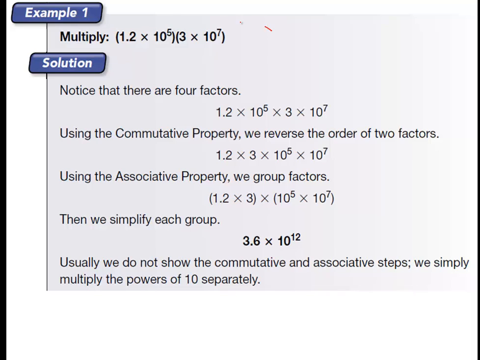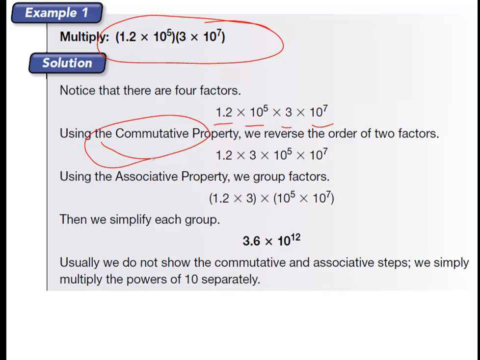So here, it's asking us to multiply these two together. When we break it all down, we'll know there are 4 things: 1.2 times 10 to the 5th times 3 times 10 to the 7th. Now, using the commutative property, we can regroup them like this.